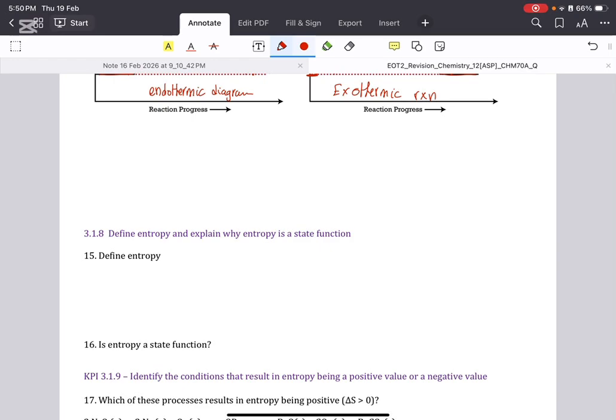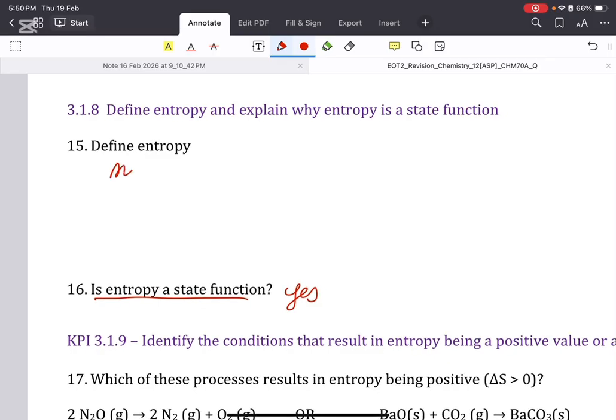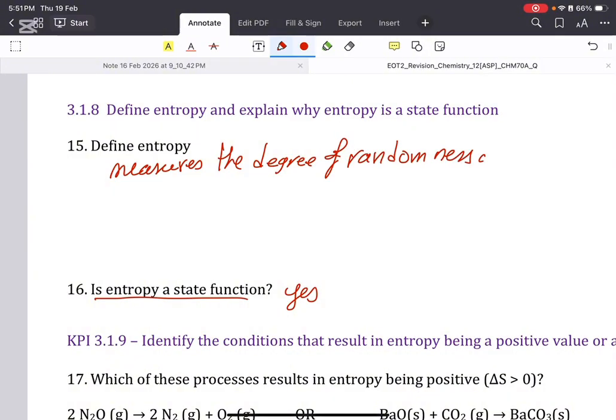Define entropy. Entropy is a state function. Is it a state function? Yes. I'll explain this in a minute. So entropy is the degree of randomness. It measures the degree of randomness of a system.